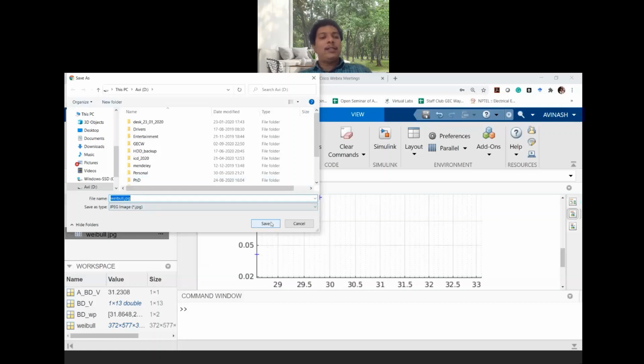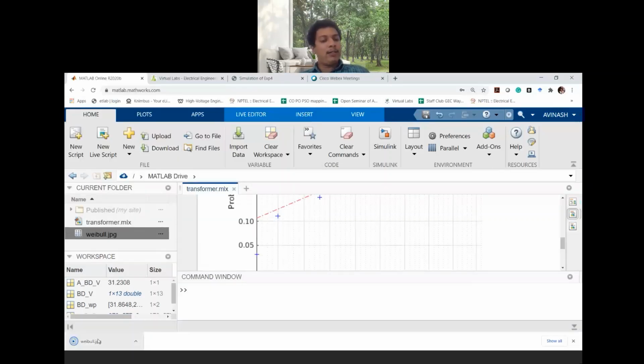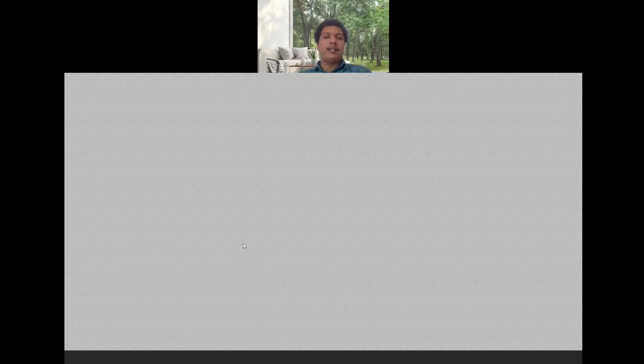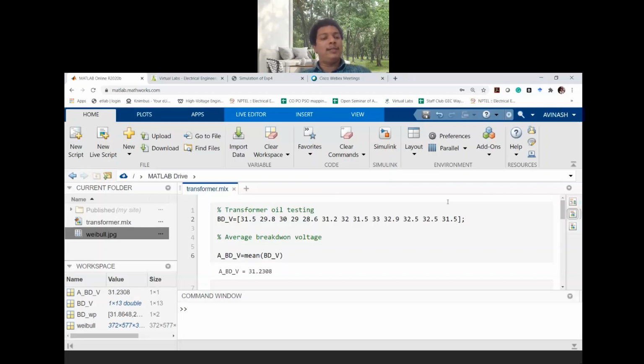Understood? If you save it, you will get this variable.jpg, and if you take it out, you can see this is your variable probability plot. You can directly download it once you save it. Other codes and all you can copy and paste as you wish.